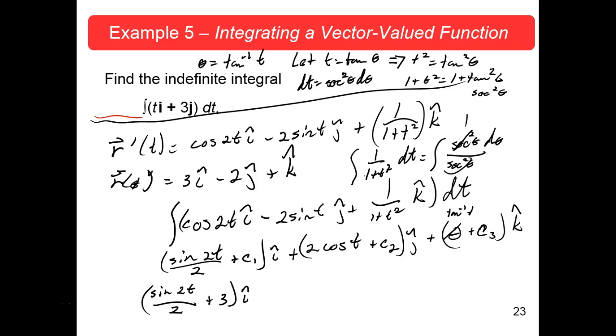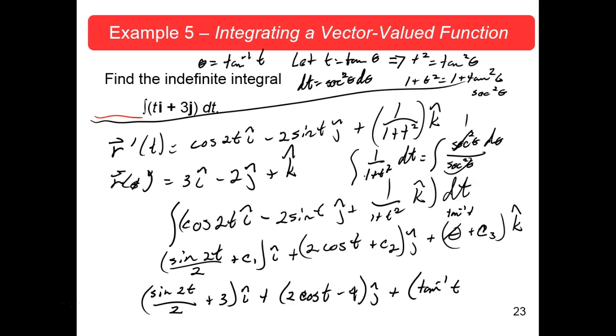Okay, so that's going to be a minus 4, so that'll be plus 2 cosine t minus 4j plus, this is inverse tangent t, okay.